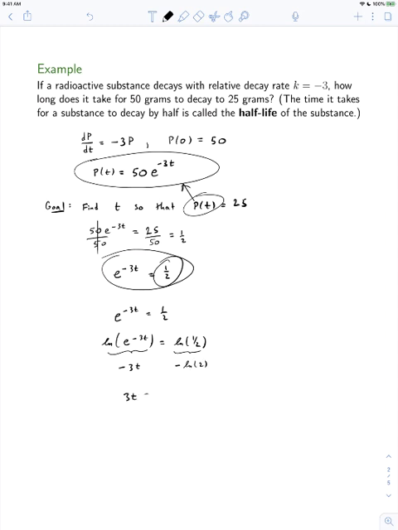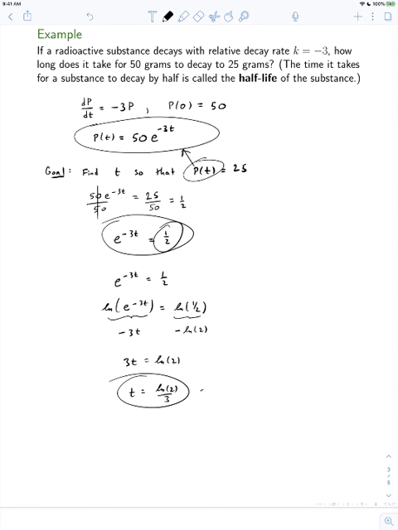So 3t is equal to ln of 2, so t is equal to ln of 2 over 3. And whatever number that ends up being, that's the half-life of this substance. As it happens, I computed it earlier, and this is approximately 0.231. So it's 0.231 units of time, whatever the time units happen to be.